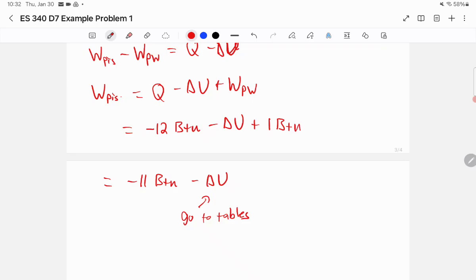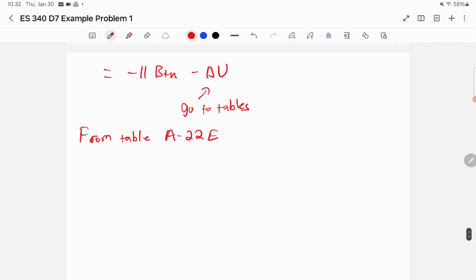Basically from table A22E, because that's our table for air. Yes, there exists a table for air. What we find is at T equal to 740 degrees Rankine, U is equal to 126.